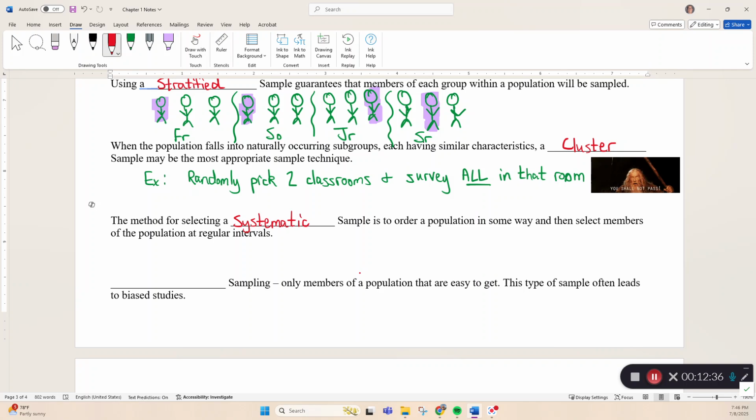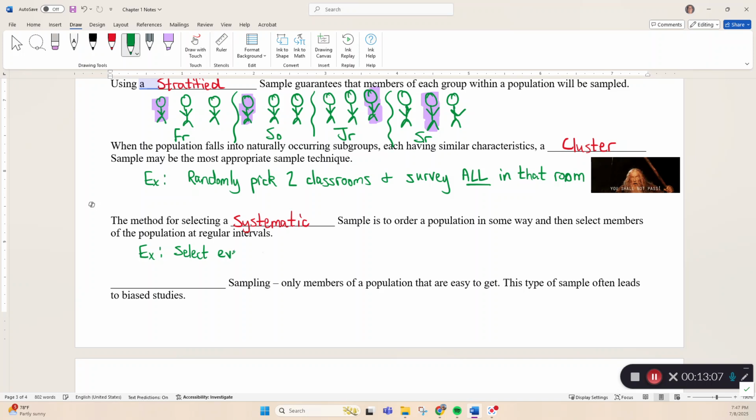Systematic sample is where you order the population in some way and then select members of the population at regular intervals. So maybe you alphabetize the students and then you select every 13th student. Hang on, I left the word out.